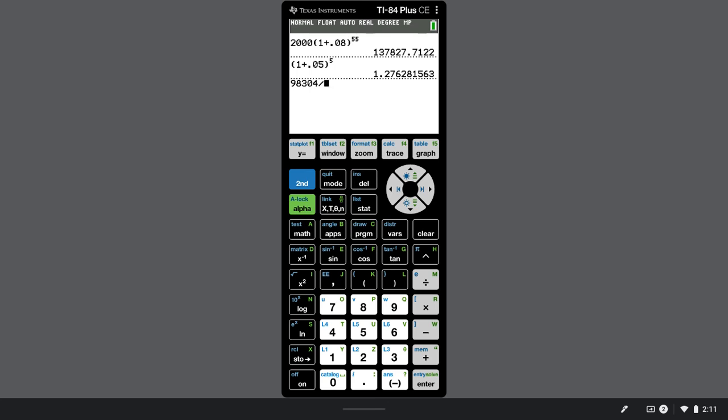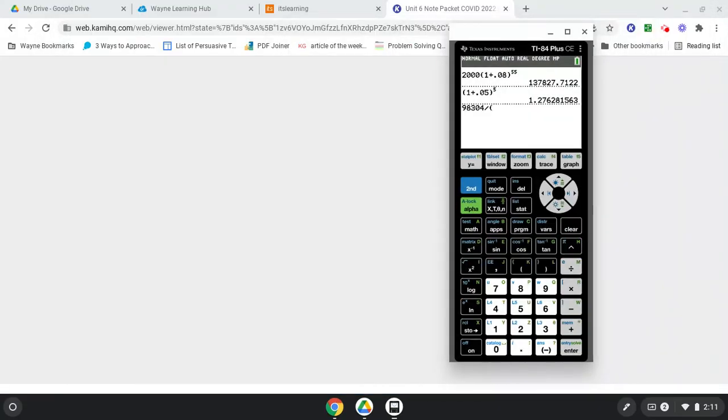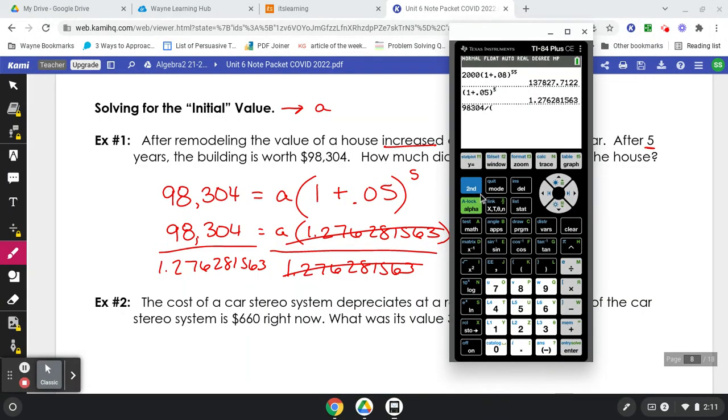So we're going to hit the second button, this button right here, and notice you have that up arrow now. That means the light blue is activated. We'll come down here and just hit this button. That tells the calculator, I want you to take 98,304 and divide it by this number. That way it saves us the time of having to type that out again.